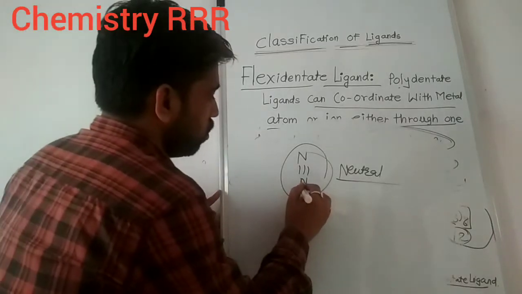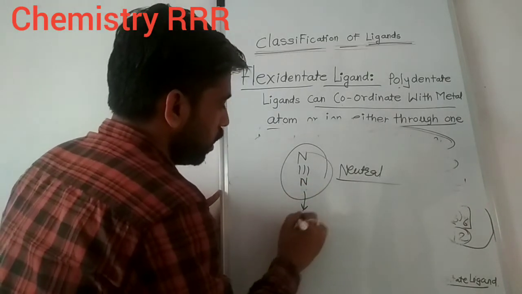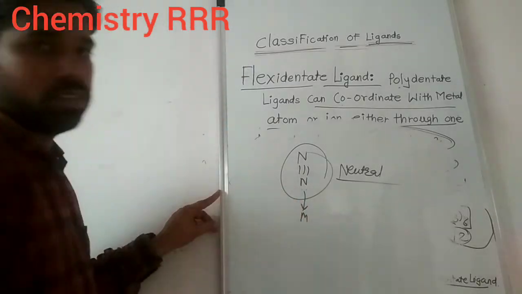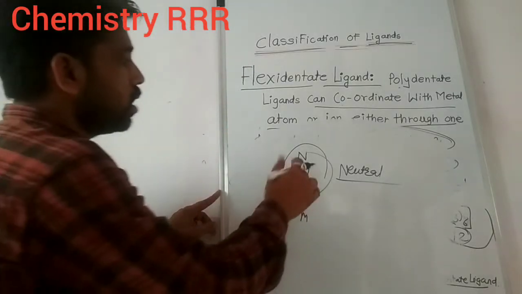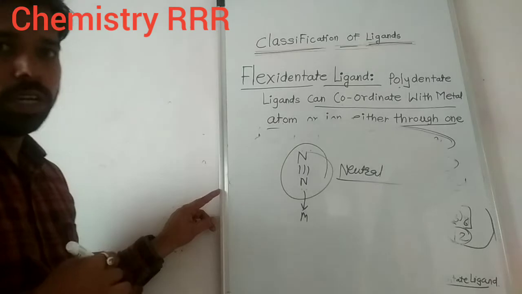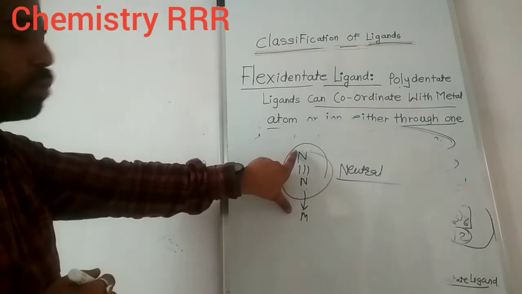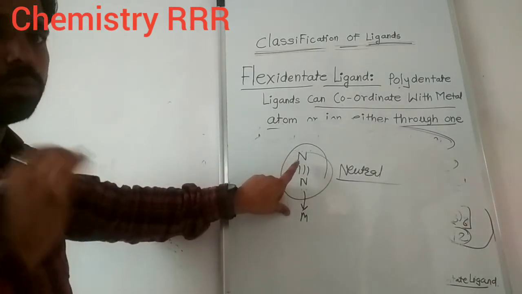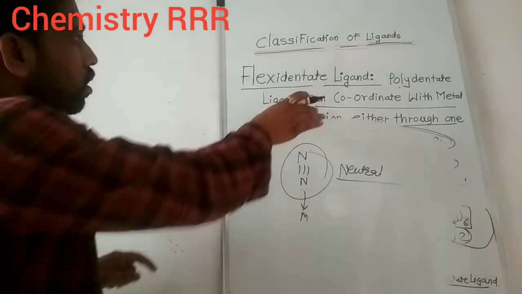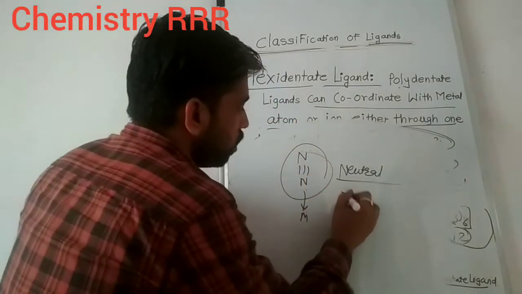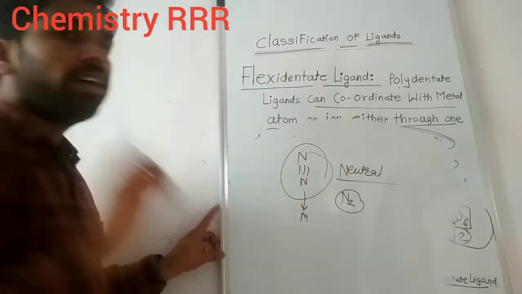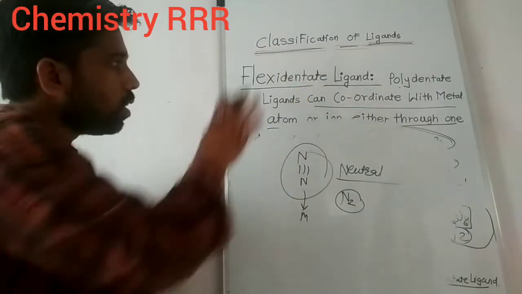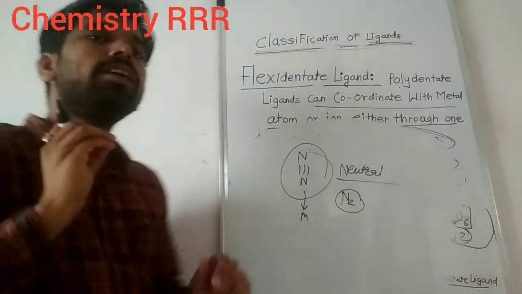It generally attaches to the metal from one side, but in some cases it also acts through the two sides. It binds to the metal through the two sides and forms a chelate, that is a 4-member chelate. So the N2 molecule is also an example of flexidentate ligands. This is all about the flexidentate ligands.